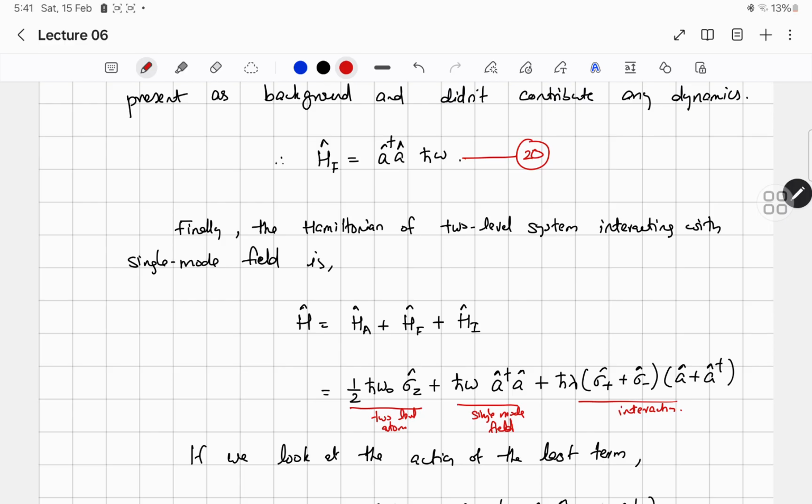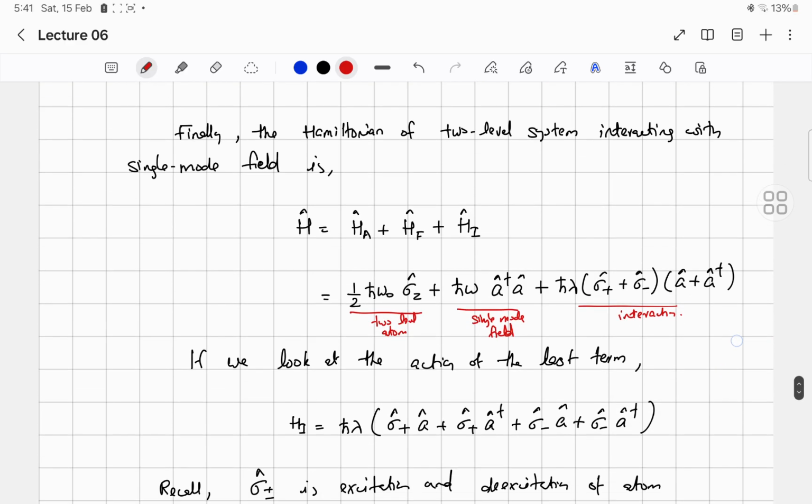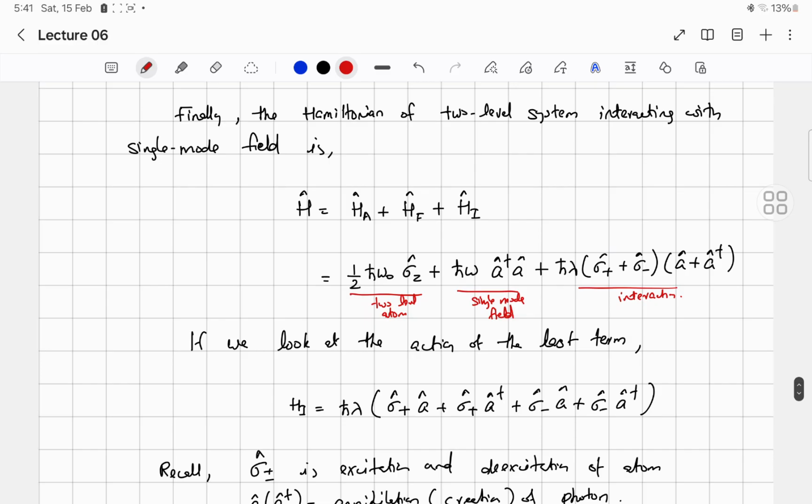Okay, now again you can further simplify this Hamiltonian by ignoring a few terms. For that we have to think about what the last term looks like. The last term, the interaction term, actually contains four terms if you remove the bracket. One is sigma plus a, the second is sigma plus a dagger, then sigma minus a, and sigma minus a dagger.